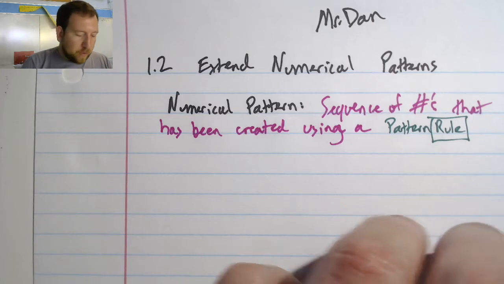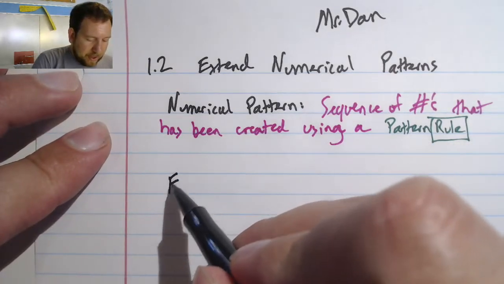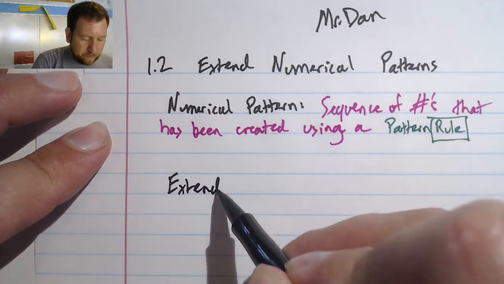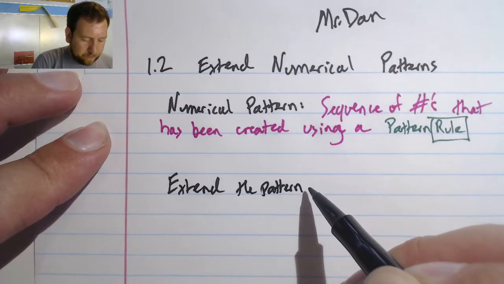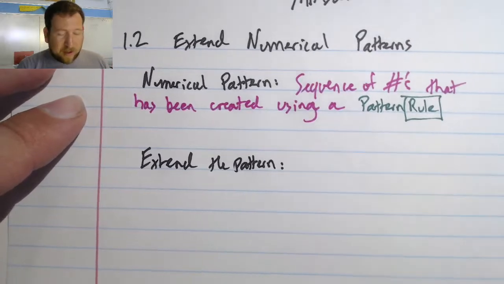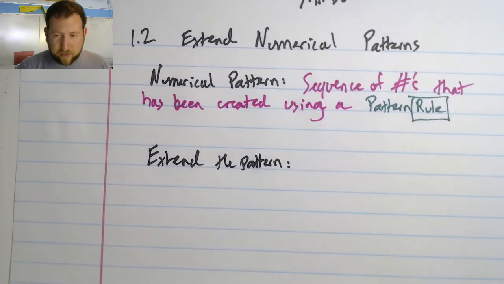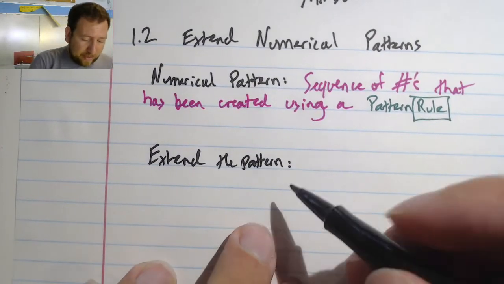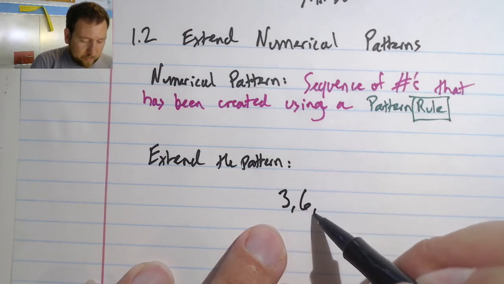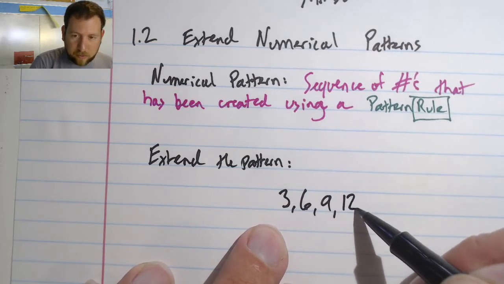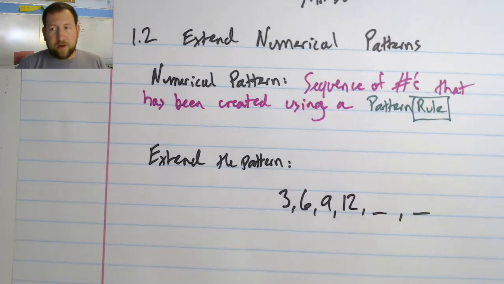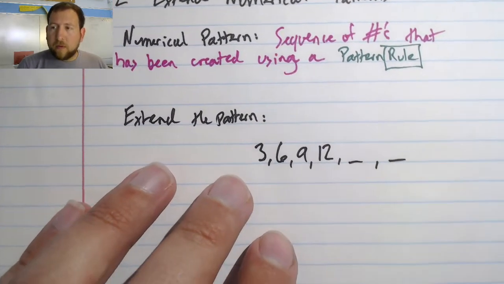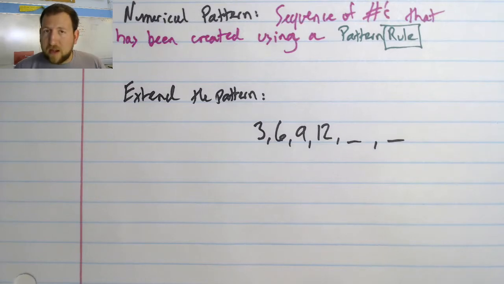Now this time we're going to extend the pattern. And that kind of sounds exactly like you think it means. It means if you get a pattern like this, 3, 6, 9, 12, you'll get 2 blanks after it. And we'll be doing what we did before, where we ask ourselves, okay, ascending, descending.